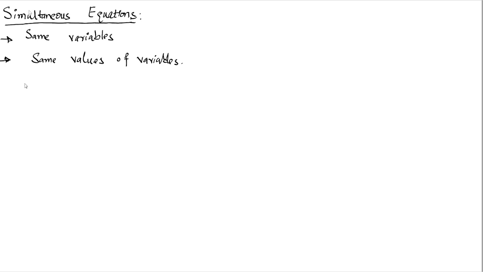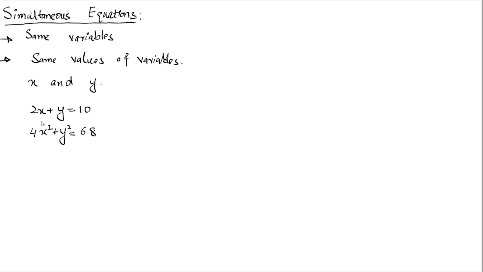For example, we have variables x and y, and equations are constructed: 2x plus y is equal to 10 is one equation, and 4x square plus y square is equal to 68.